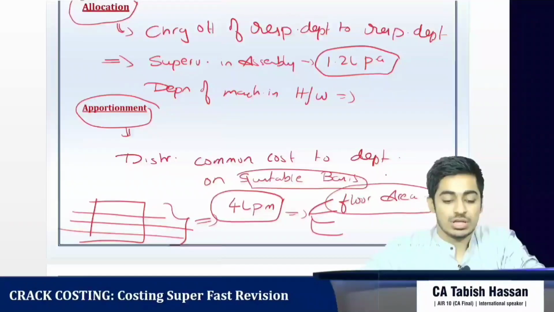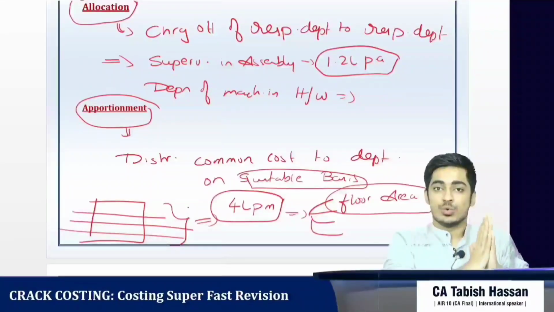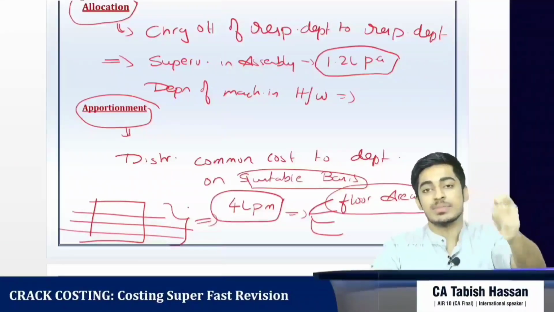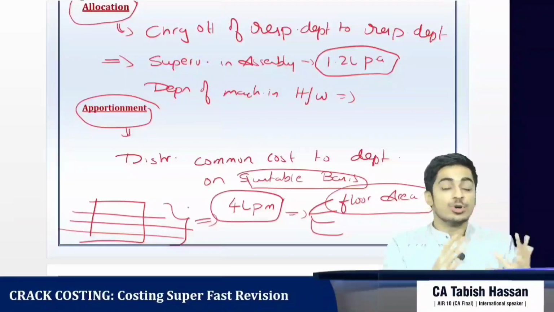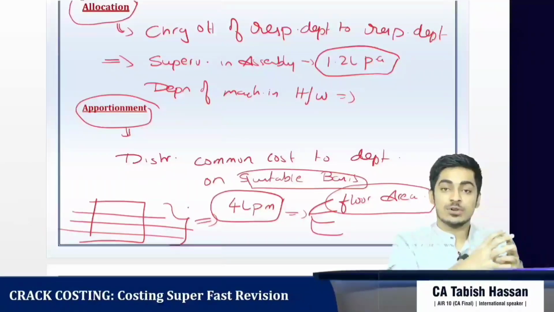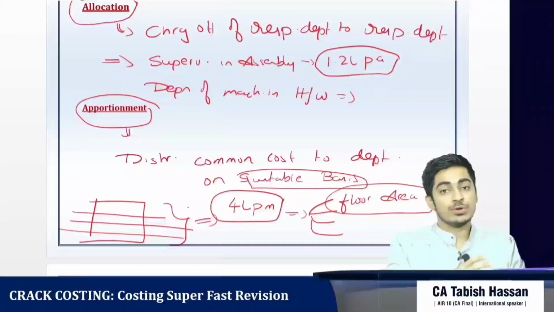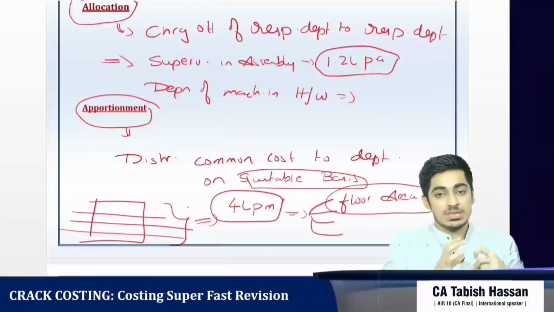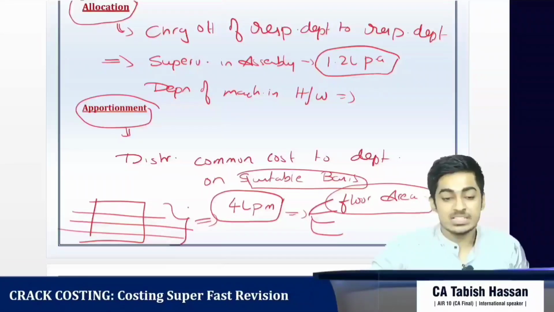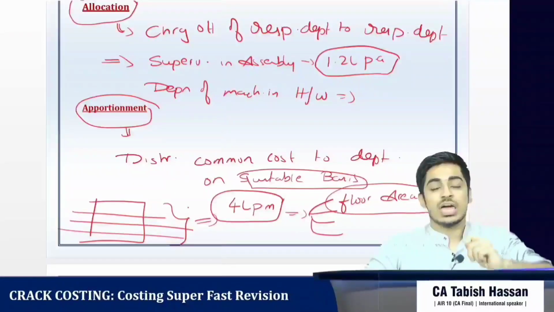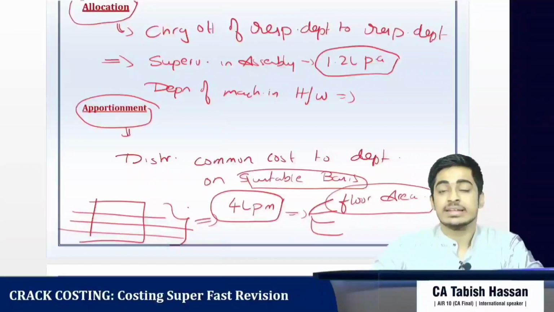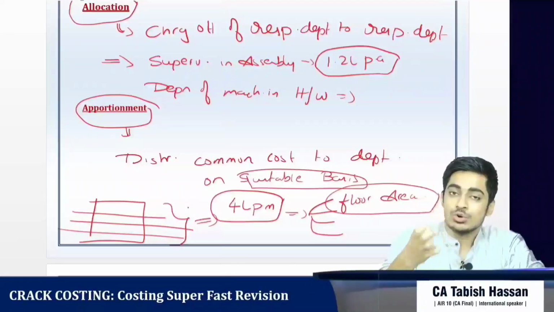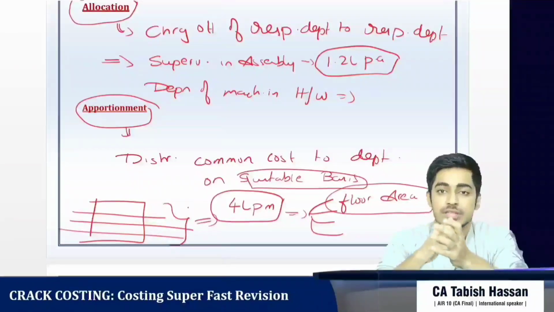This is called apportionment. In allocation, we directly know what the amount to the department is. In apportionment, we won't be knowing. It would be common cost incurred for more than one department. So what we do is we take a suitable basis, based on that distribute it amongst the different departments. Say for example, in this building, we are also having the electricity cost. An electricity bill we are getting on total basis for all 4 departments together.